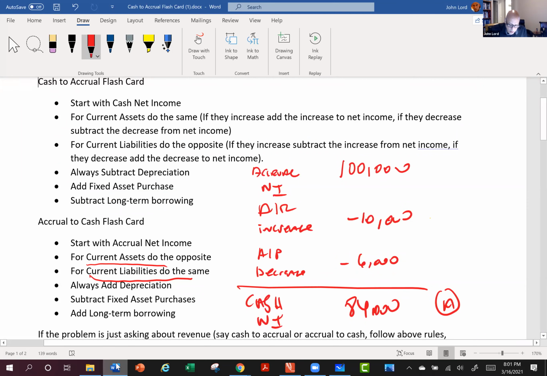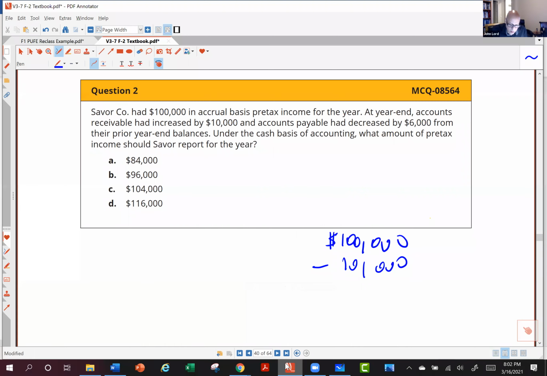So since accounts payable in that question decreased, I do the same. I subtract it and I get the correct answer here, which is now what? My cash net income is what? 84,000, which was what the problem wanted.